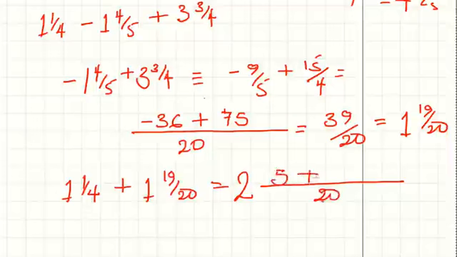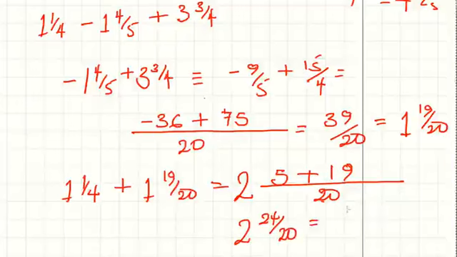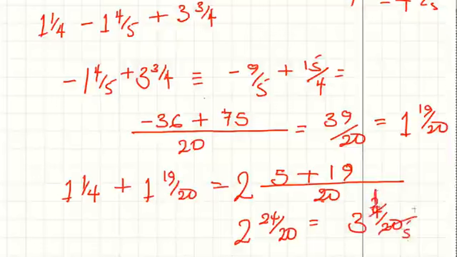Plus 20 divided by 20 is 1. 1 times 19 is 19. So adding the two, we'll have 2 and 24 over 20, which is the same as 3 and 4 over 20. Dividing by 4, we have 3 and 1 over 5.